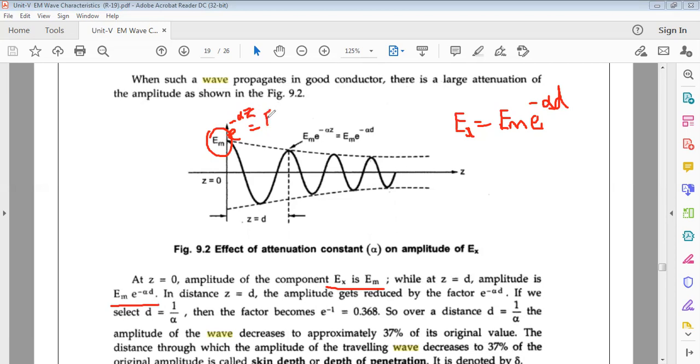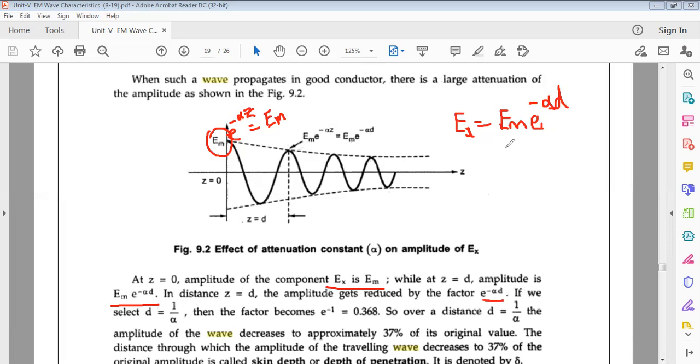Then it becomes Em. Now after traveling to z equal to d, it becomes Em e power minus alpha d. At the distance z equal to d, the amplitude gets reduced by a factor of e power minus alpha d.